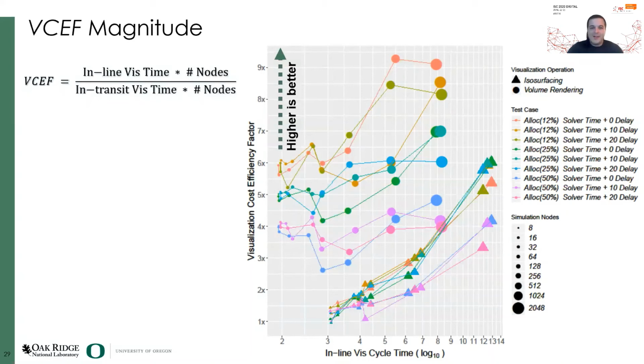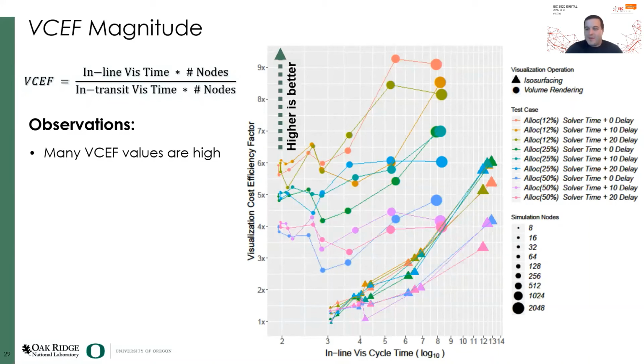So looking at this chart now, we can see right away that many of our VCEF values are high. Most of them are between 1 and 9, with only a couple that drop below 1 at the bottom of the chart. And what that means is, if it drops below 1, the in-transit was actually less cost efficient than the inline. So in almost every case, in-transit was more cost efficient.